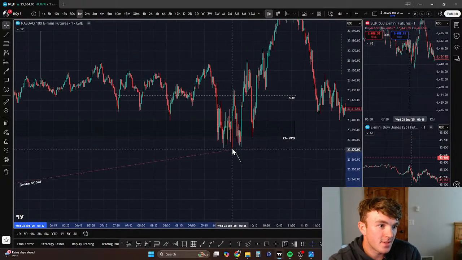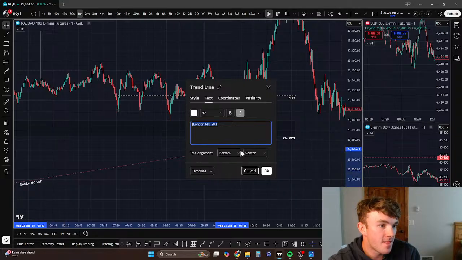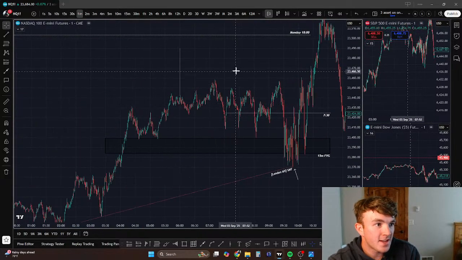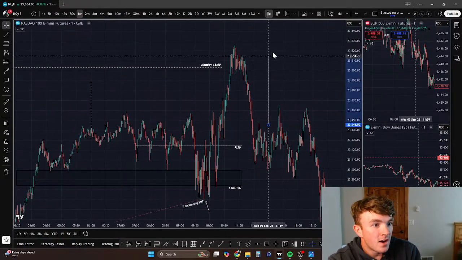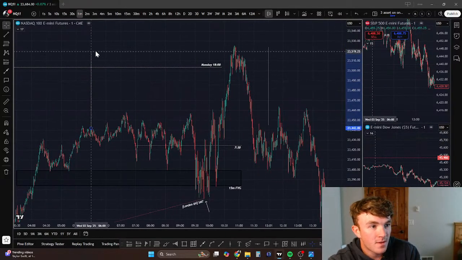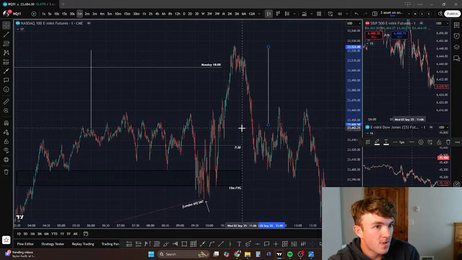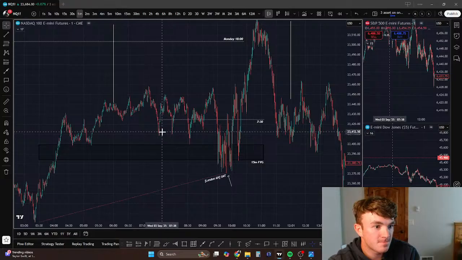Okay, so this is London S&T 6-hour. We dip down into this 15-minute gap, so you can kind of see everything starting to form here. We had accumulation. Here's 7:30.